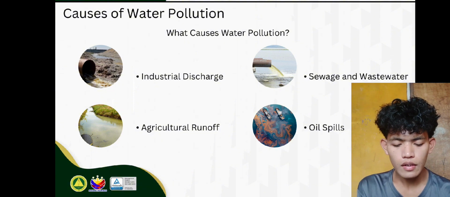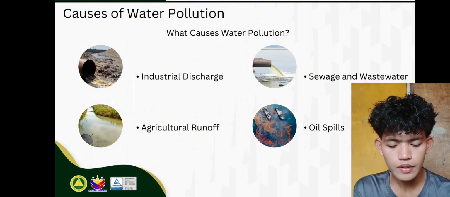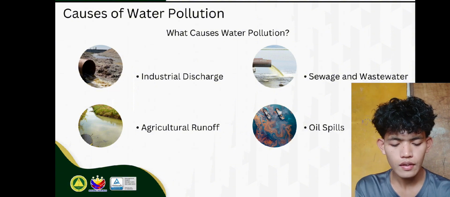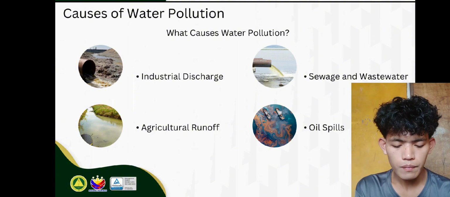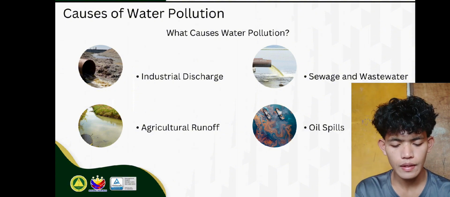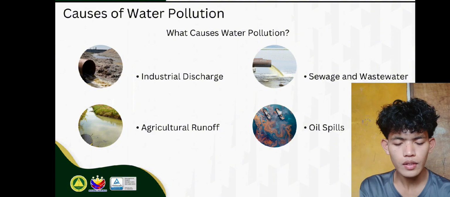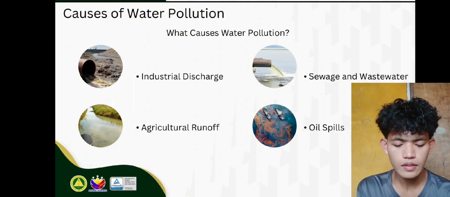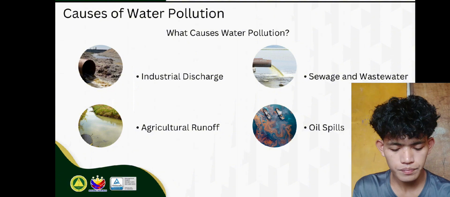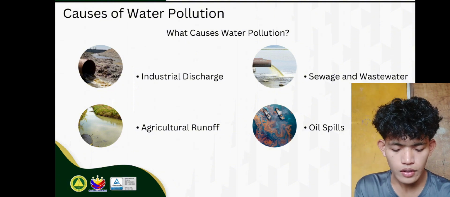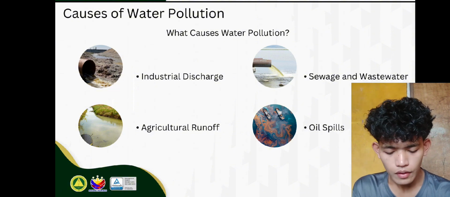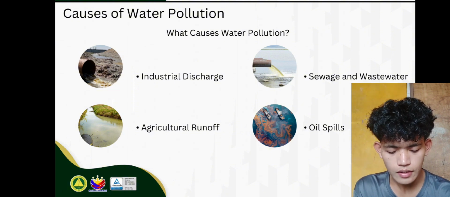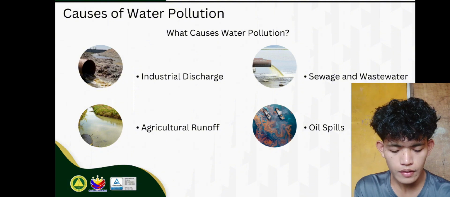Agricultural runoff comes from pesticides, fertilizers, and animal waste from farms entering water bodies. Sewage and wastewater: untreated and poorly treated sewage contaminating water with pathogens and nutrients. And last, oil spills. Oil spills are large-scale releases of oil into the environment, harming marine life and ecosystems.